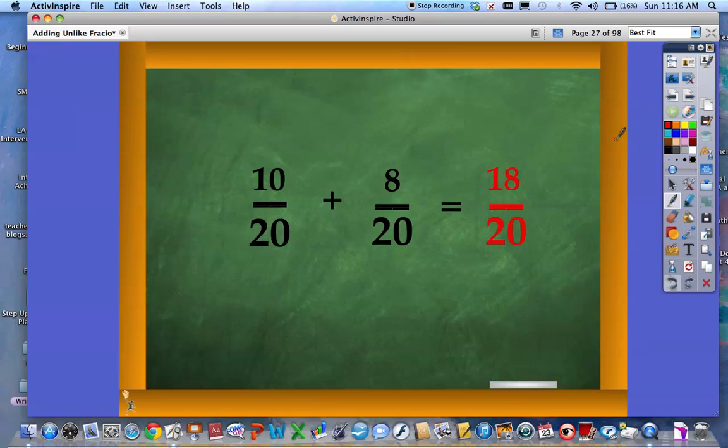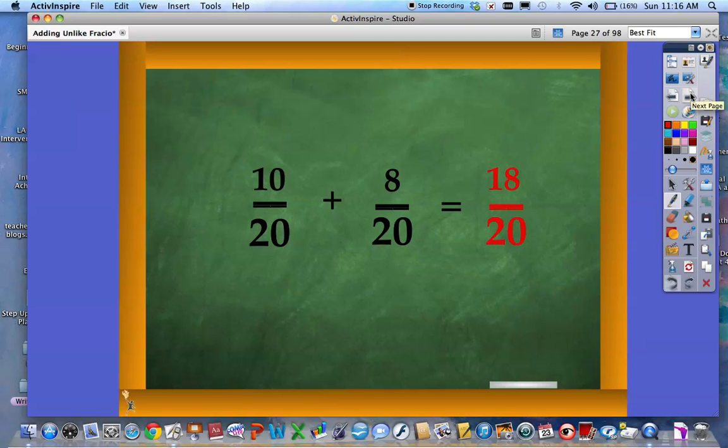The second part of our learning objective said that we were going to then simplify if we could, because again, 18/20ths, as we saw it in the model a few minutes ago, but had I not shown you that model, to actually visualize that in your mind is a little difficult. So we want to take that fraction down to the smallest numbers possible to represent that same fraction.